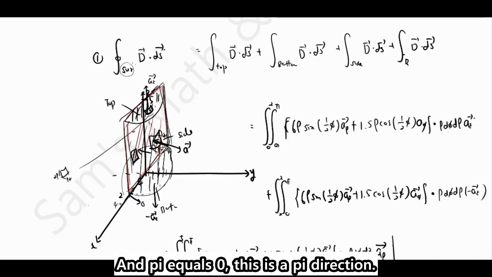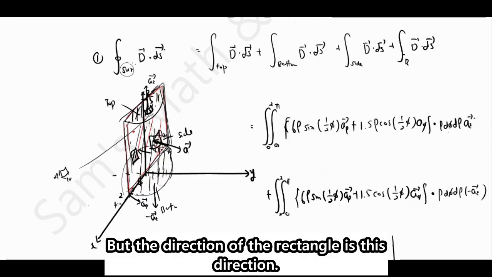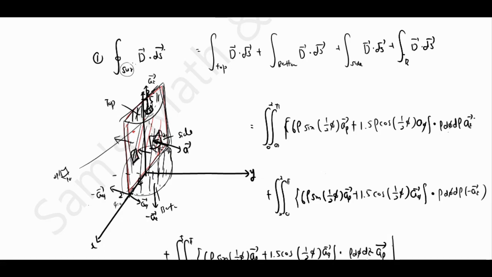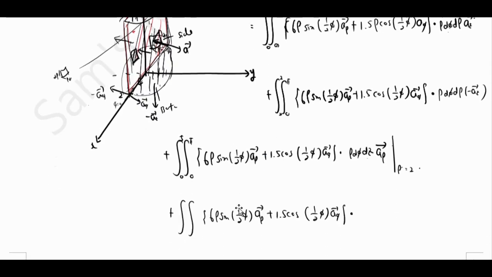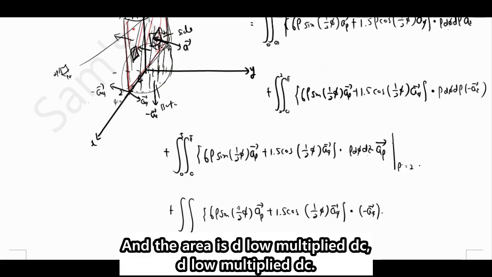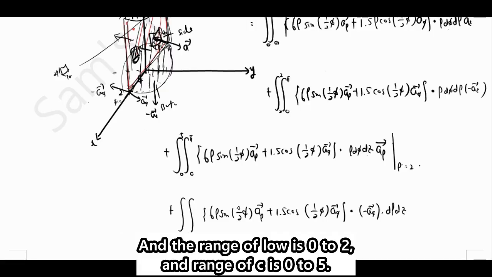This is the a phi direction, but the direction of the rectangle is this direction, which is the minus a phi direction. The area is d rho multiply dz, and the range of rho is 0 to 2, and range of z is 0 to 5.